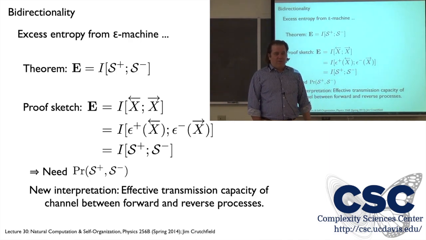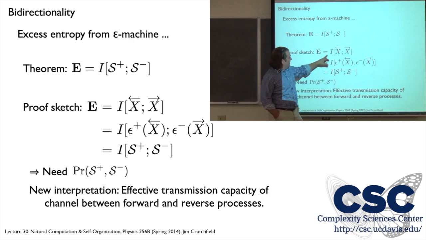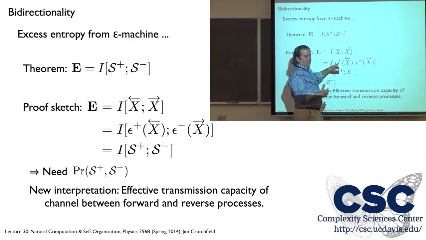So the intuitive part should be, well, I have forward and reverse machines, therefore, this is just a proof sketch, right? So I have the mutual information between the past and the future. Well, I can apply my epsilon plus. I have a past, and that's going to tell me what forward causal state I got led to, and that forward causal state captures everything that's relevant about the past for predicting the future.